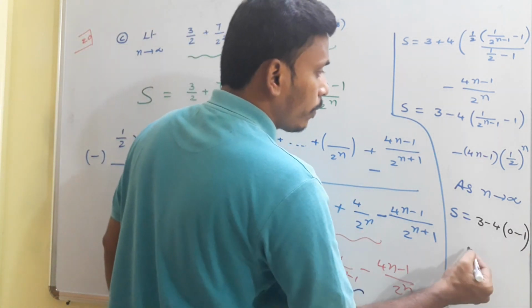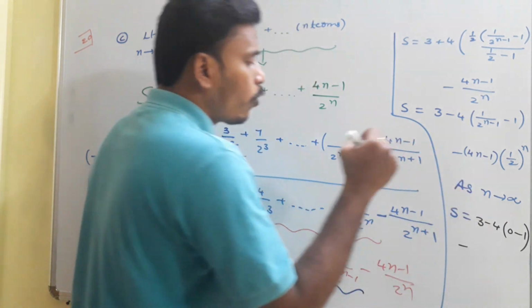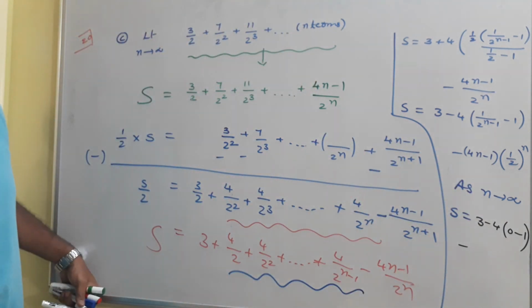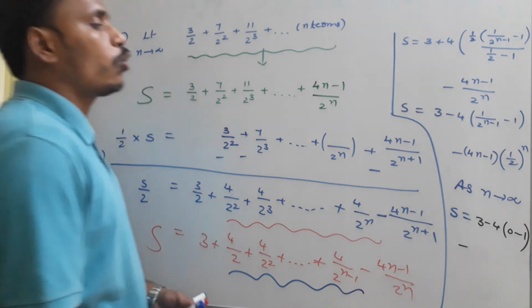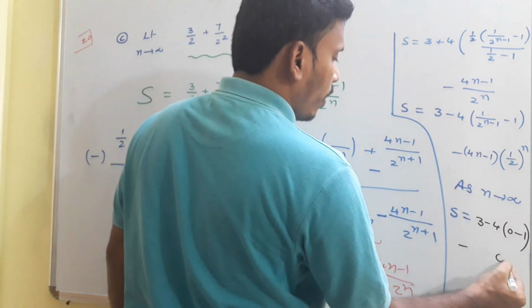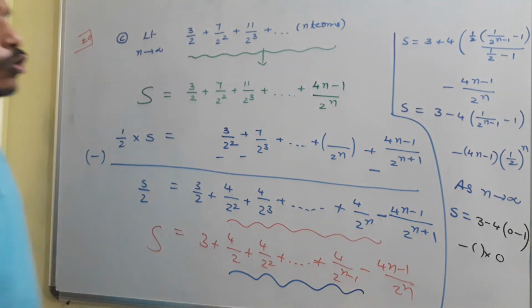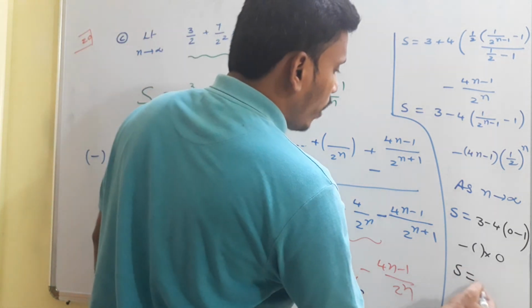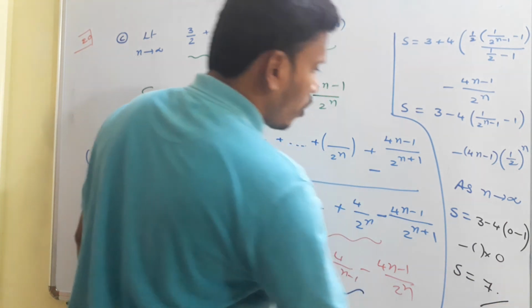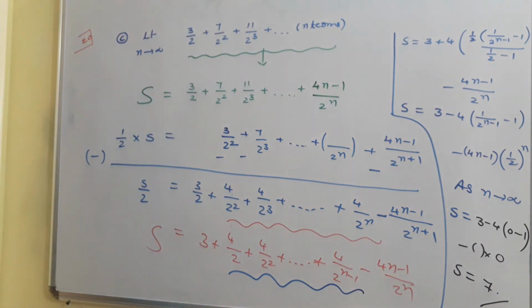So 0 minus 1, minus this (4n minus 1) into 1 by 2 to the power n. That's what I need to simplify. This 1 by 2 to the power n is again 0. Okay, 0 into something. So when you simplify, you will get its value as 3 plus 4, which is 7. Okay, just have a look, think about it.